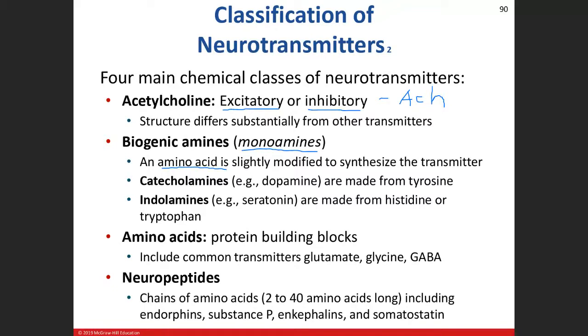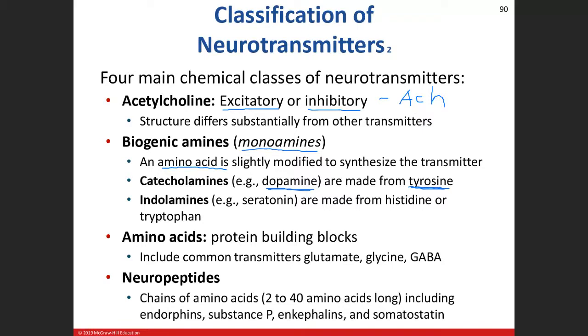We see the catecholamines, like dopamine. Dopamine is a great neurotransmitter. The catecholamines are originally made from tyrosine, which is an amino acid.